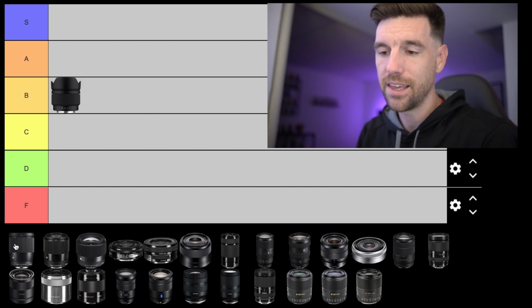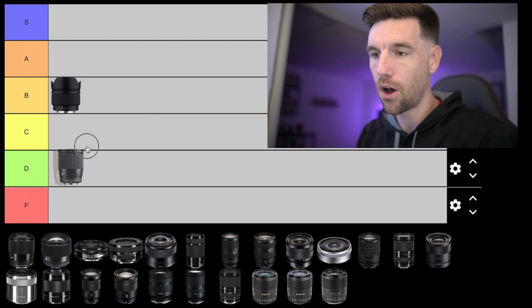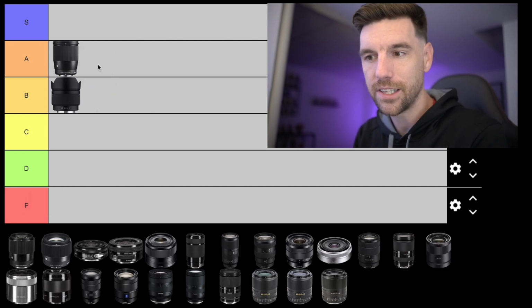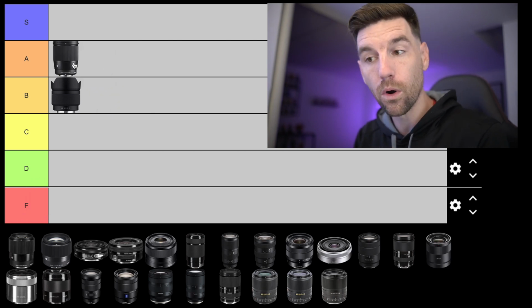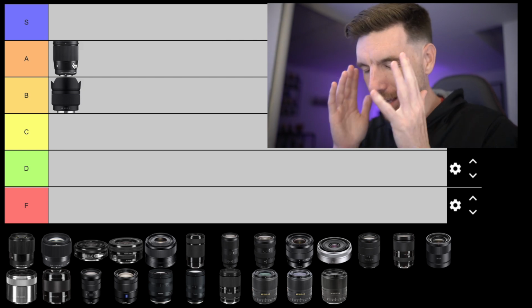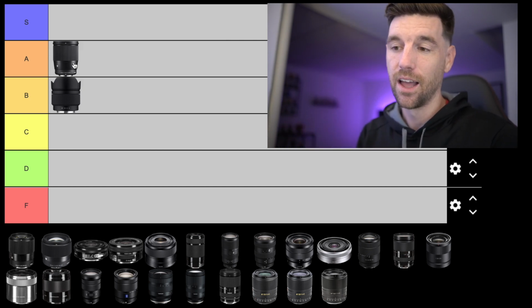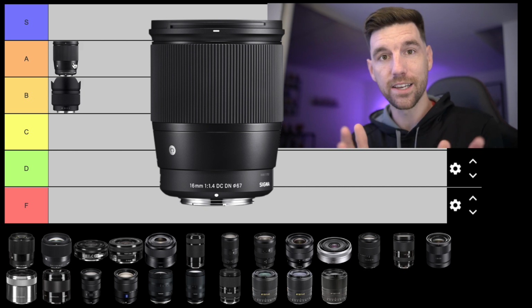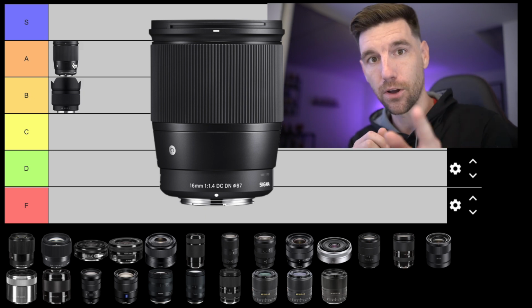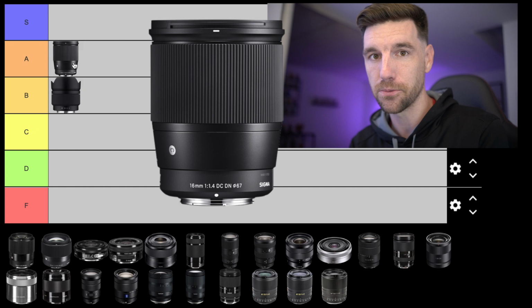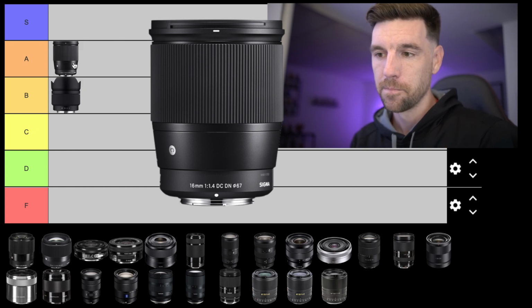Okay, next is the well-known, awesome Sigma 16mm f1.4. I'm gonna put it in A, but I'm gonna think about if I want it in S tier. I've used this lens for dozens and dozens of videos on this very YouTube channel. Not using it right now. We'll talk about the lens I'm using later, but you know what?